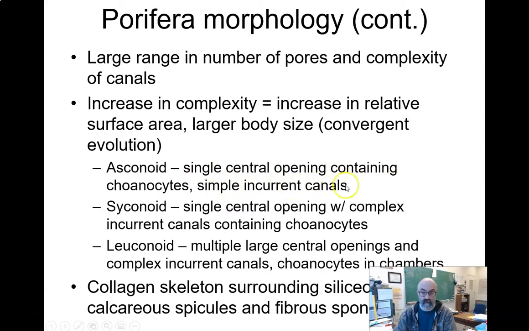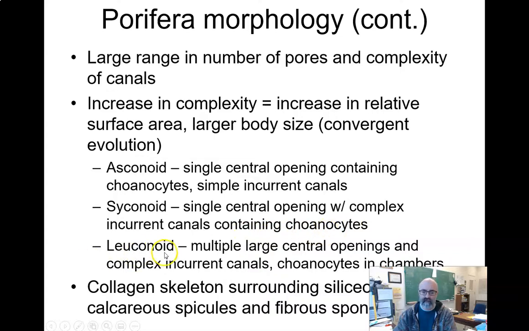Well, actually, no, there are no channels coming off of the side. The choanocytes are in the middle of the sponge. Syconoid would be more, I guess, probably Grantia would be a syconoid. Single opening in the middle, but there are canals coming off the side that contain the choanocytes.